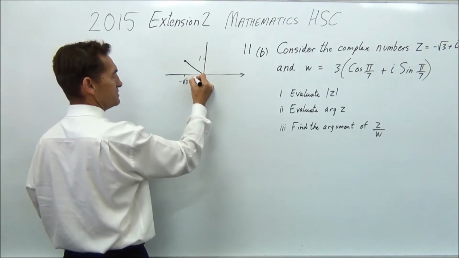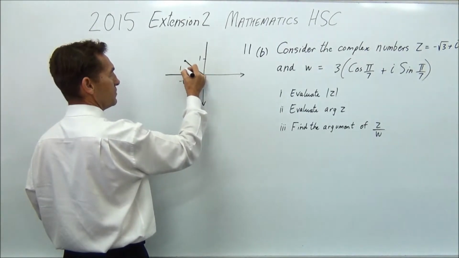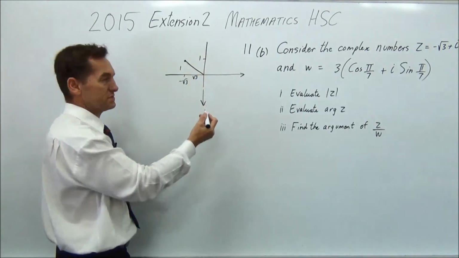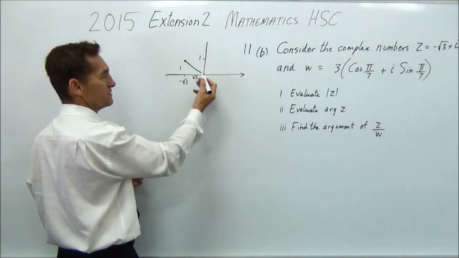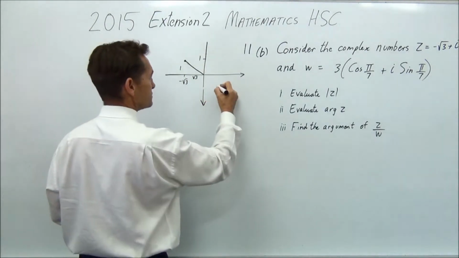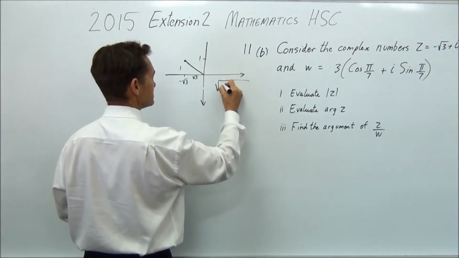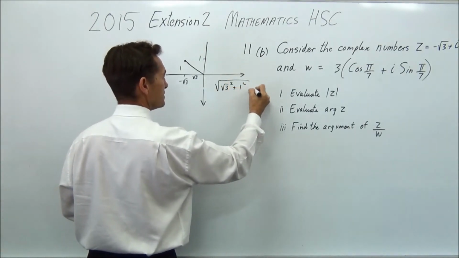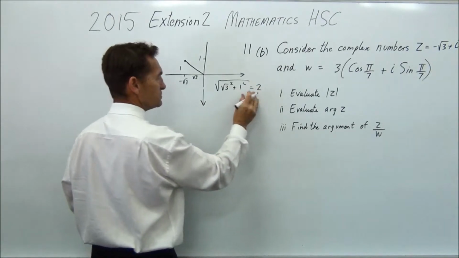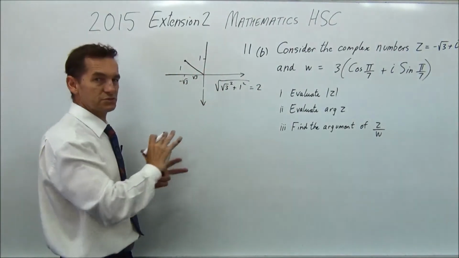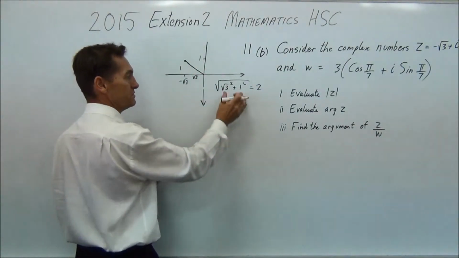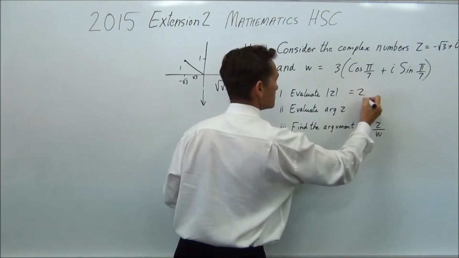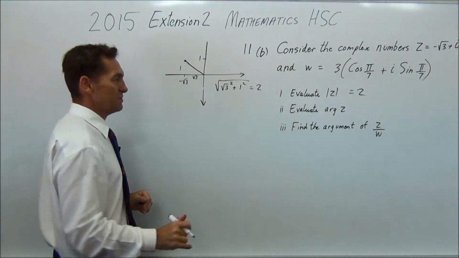You should have actually seen root 3 and 1 many times to know that that distance is going to be 2. Okay, I mean, you can do Pythagoras and say, well, root 3 squared plus 1 squared equals square root of 4, which equals 2. But that triangle should be just so familiar to you that mod z equals 2. Okay, should be pretty easy.